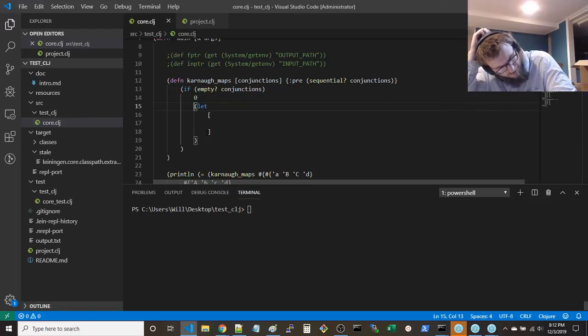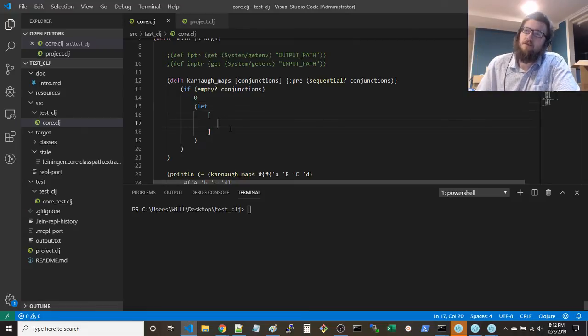What else? Oh man. If it's empty, return 0. If it's not empty, then we want to get the count of the first.